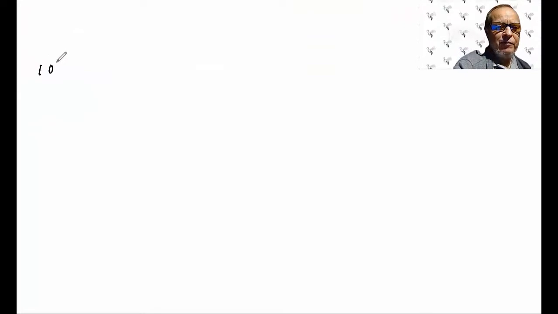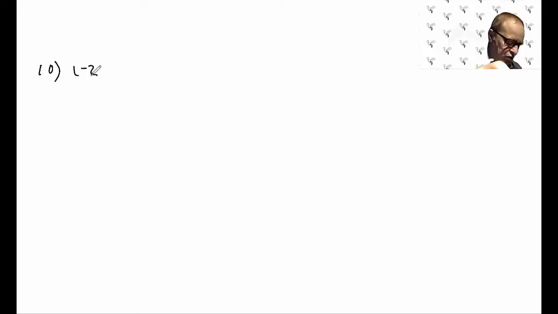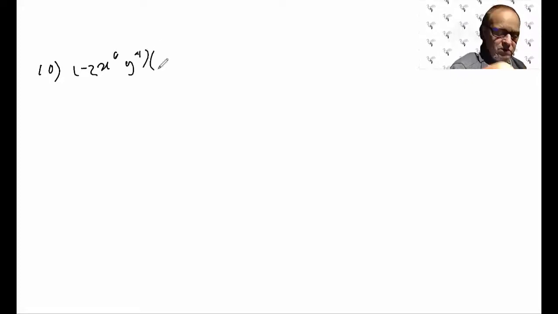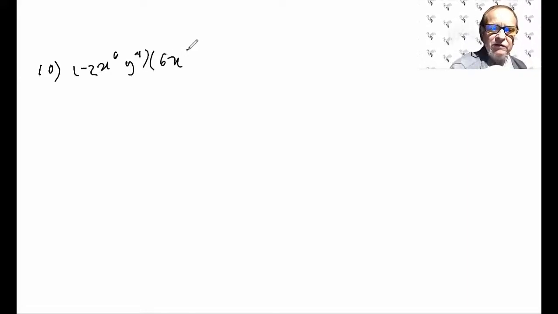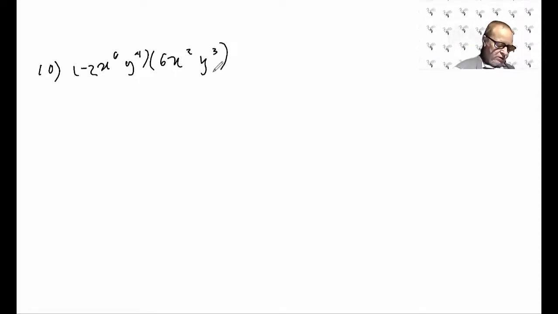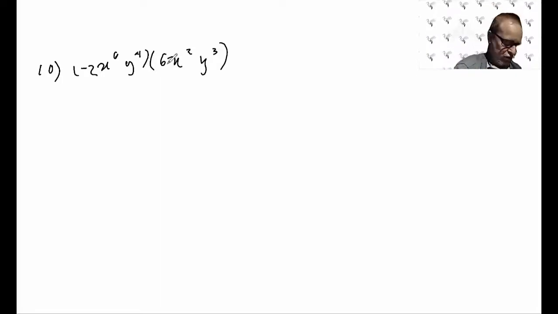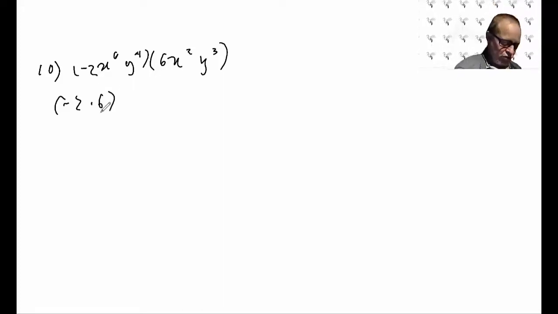In example number 10, we have negative 2 x to the 6 y to the fourth times 6x squared y cubed. What I'm going to do to organize it, I'm going to put all my number terms in one bracket, negative 2 and 6.